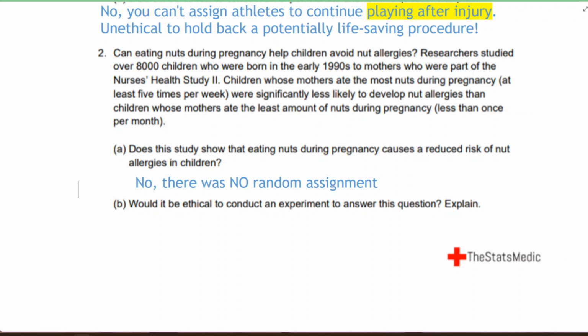There was no random assignment of treatments. And last question for this is going to be, will it be ethical to conduct an experiment to answer this question? And this kind of falls in line with what I was saying earlier.